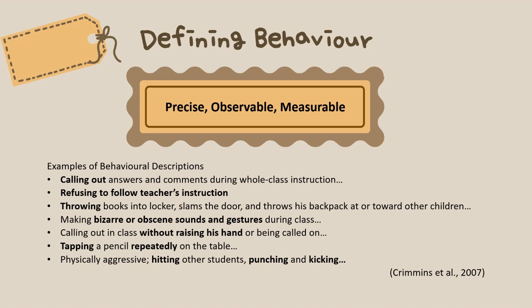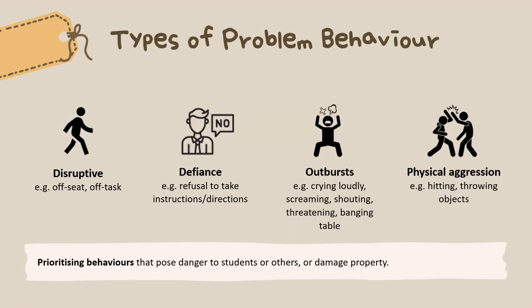Examples of behavioral descriptions are calling out or blurting answers and comments during whole class instruction, refusing to follow teacher's instruction, tapping a pencil repeatedly on the table, and being physically aggressive by hitting other students. Problem behavior can be classified into 4 categories.